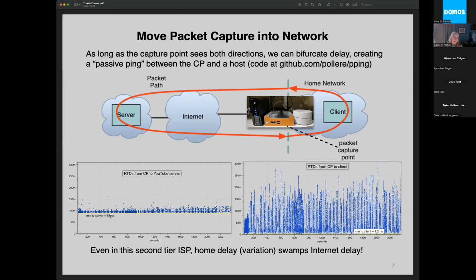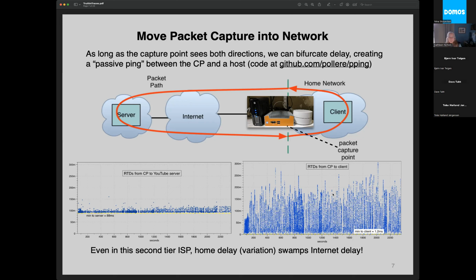And the yellow is the minimum that I ever saw, which was 88 milliseconds. So you can tell this didn't have a CDN. And actually, this was in a second tier ISP and not from my home, and that's why this delay is so long. If I take it from my home, I got a lower round trip delay.